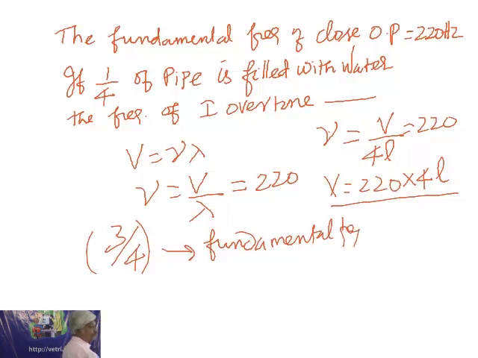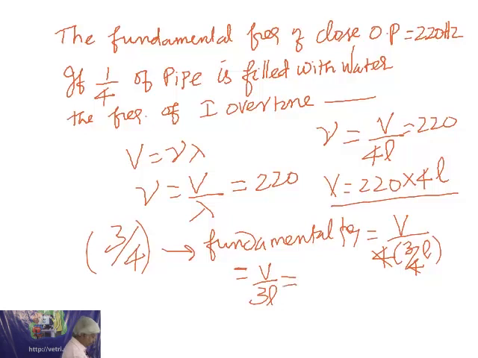For 3/4, that is V by 4L, so here L is 3/4 L. That is a difference. Directly, for the full length it is 4L, 220. If it is 3/4 L, it is V by 3L.